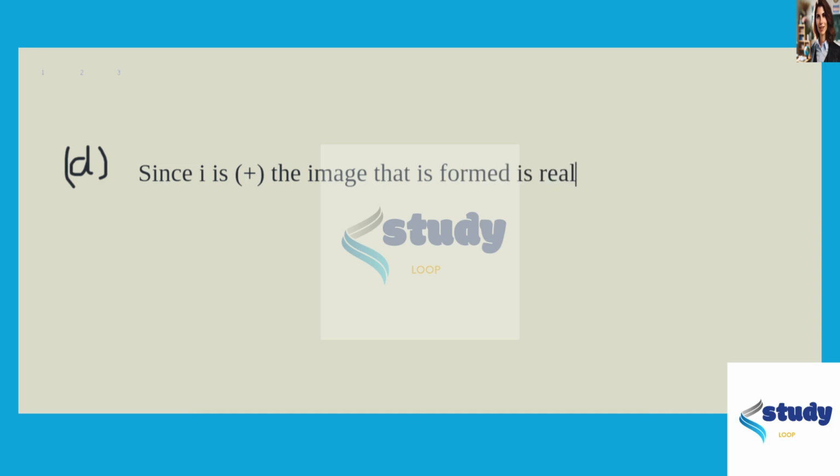So this is part D. So to answer this, we can say that since i is positive, the image that is formed is real. So we can box that in as our solution for part D.